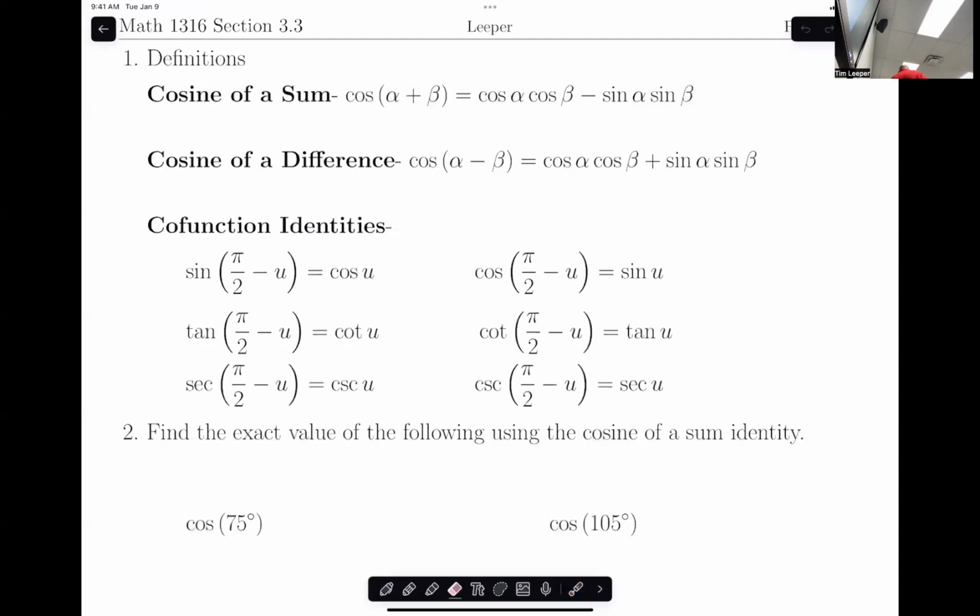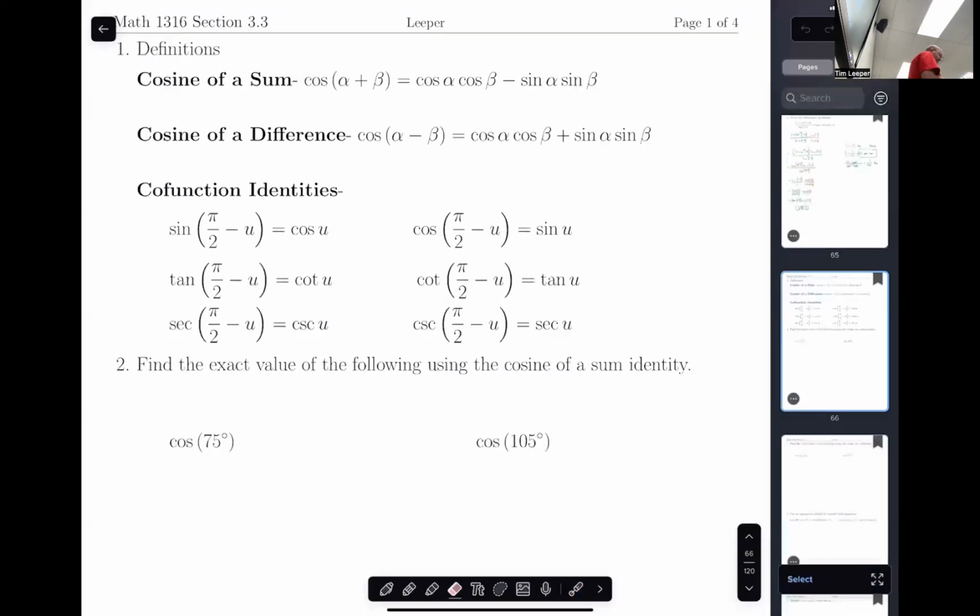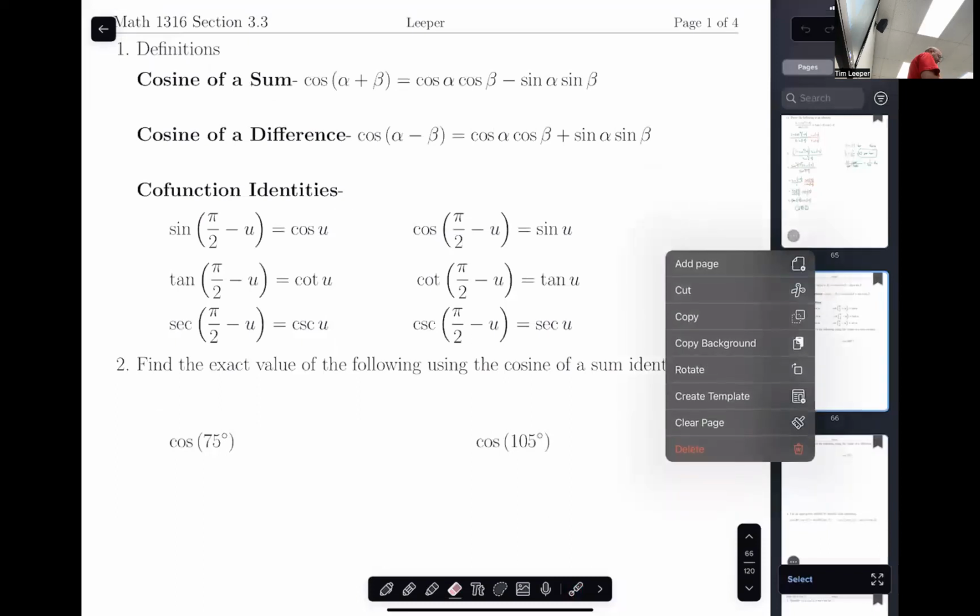Now then, we're going to take some time today, and we're going to develop first of all, the cosine of a sum or difference formulas. So to do that, I'm going to go and just look at a different paper. You can use the backside of the paper or something like that.